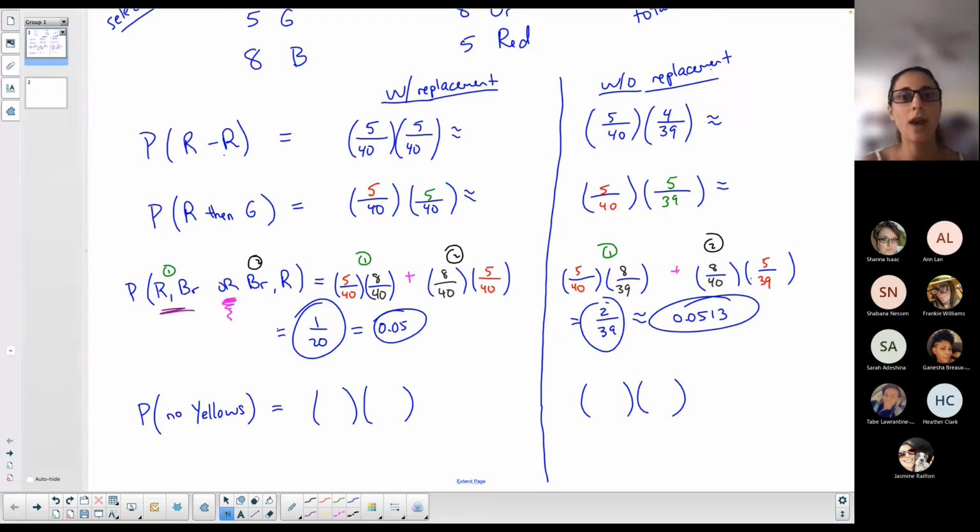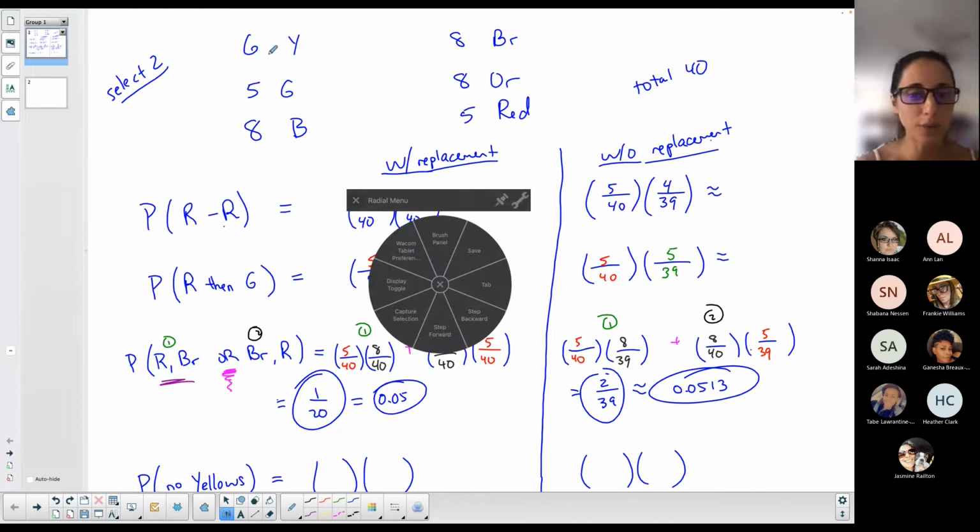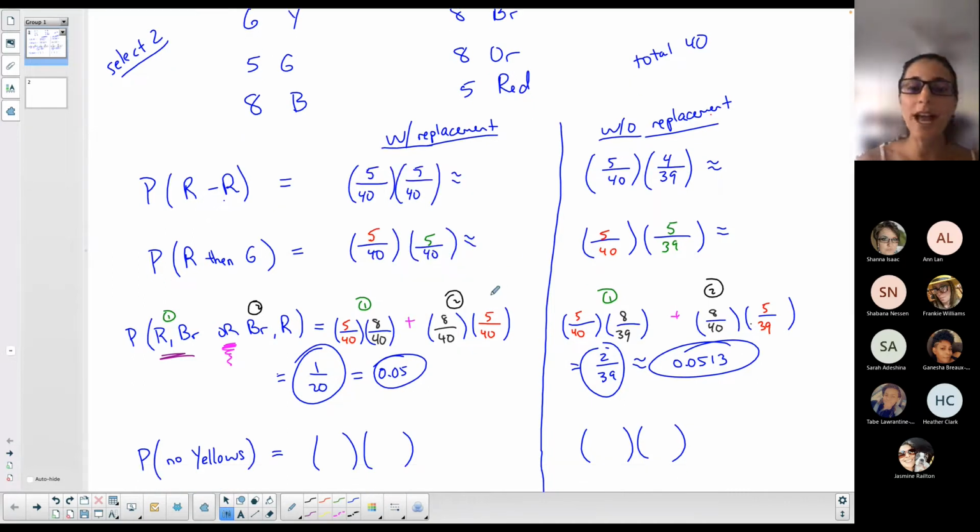So how many are not yellow? 6 are yellow out of a total 40. I don't want yellow. How many non-yellows do I have? 34. If there's a total 40 M&Ms, 6 of them are yellow, 34 of them are not yellow.